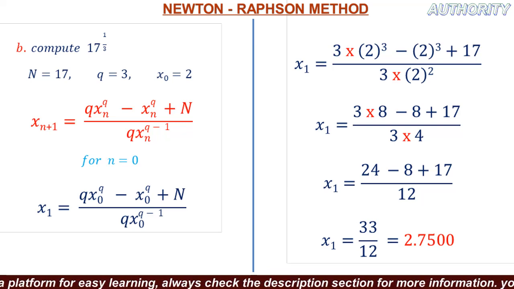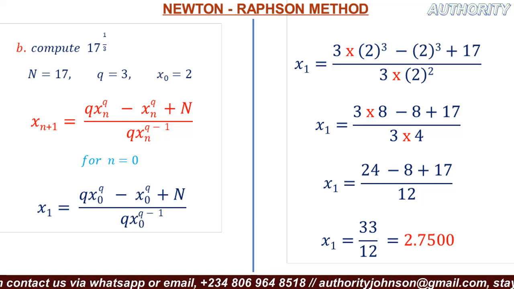When you divide and correct to 4 decimal places, we have 2.7500. So computing and writing in 4 decimal places, we have 2.7500.